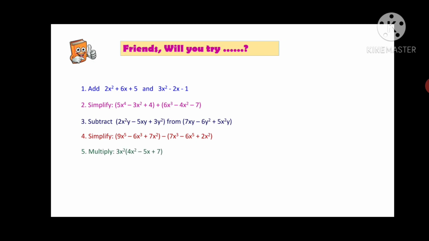Multiply 3x square and 4x square minus 5x plus 7. Multiply 4x minus 5 in bracket by the second polynomial 2x square plus 3x minus 6. Divide x square minus 9x minus 10 by x plus 1. Second, divide 2x cube minus 9x square plus 15 by 2x minus 5.